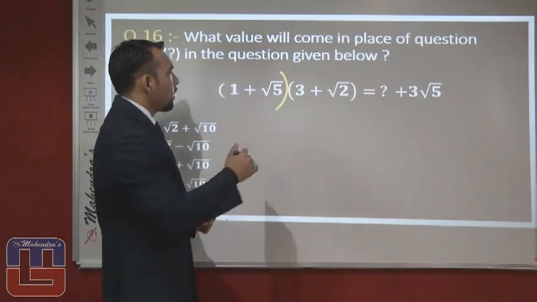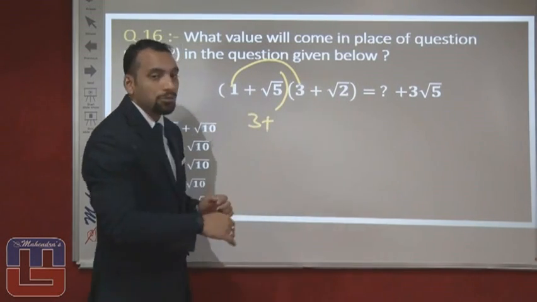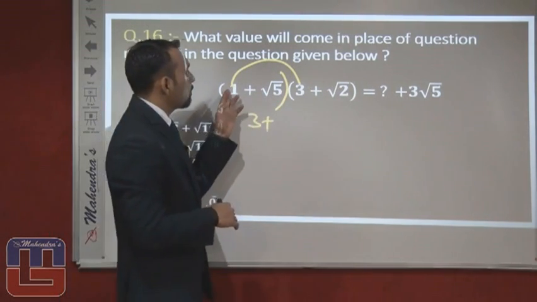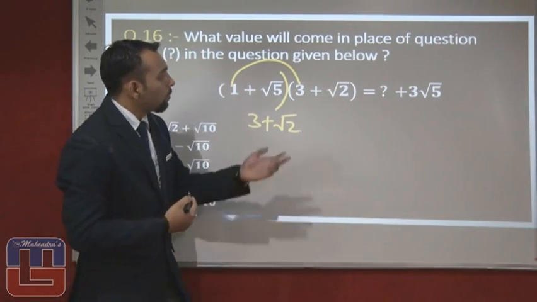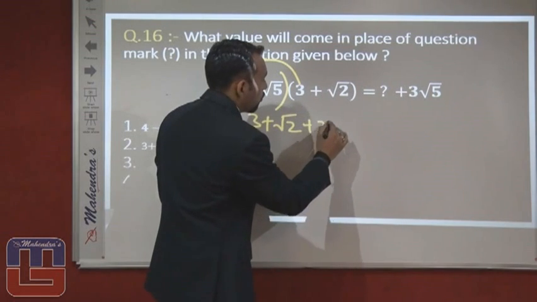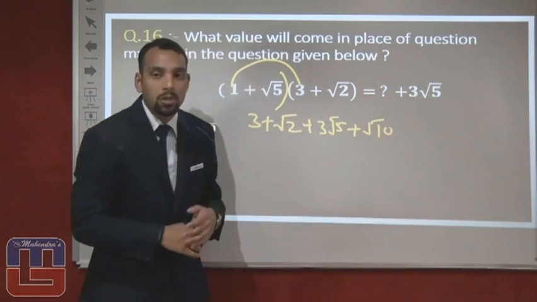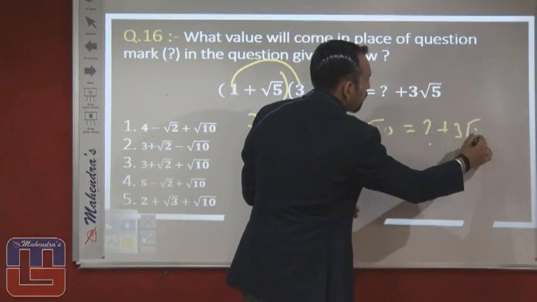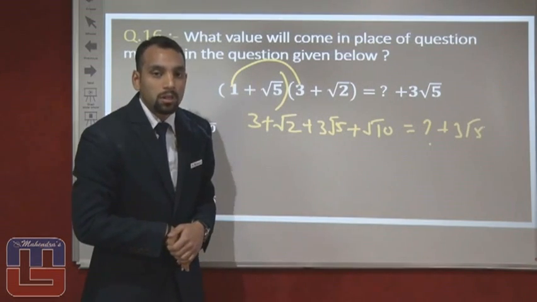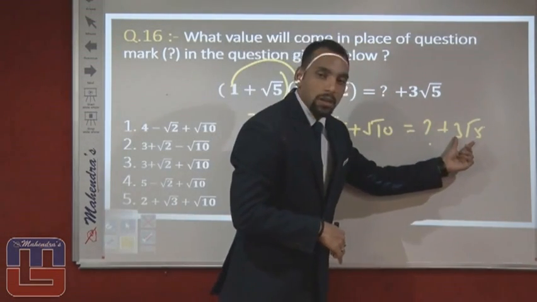For example, if you multiply this 1 by 3, you will get 3. If you multiply this 1 by root 2, you will get root 2. If you multiply this, you will get 3 root 5. Here you will get root 10, is equal to question mark plus 3 root 5. 3 root 5 is here, 3 root 5 is also here.